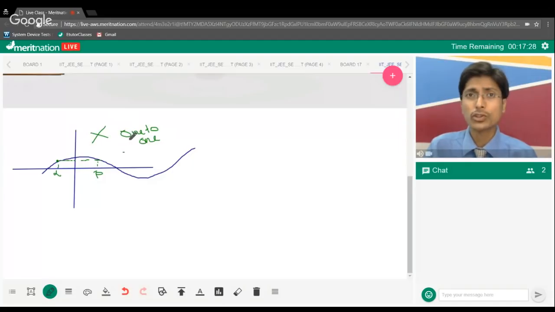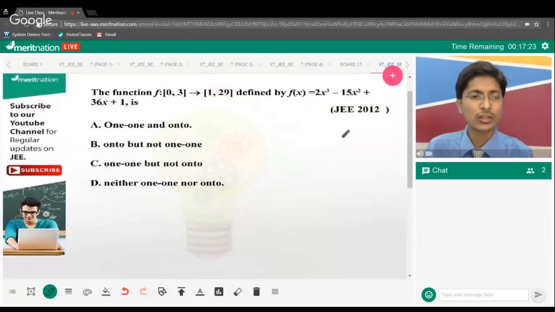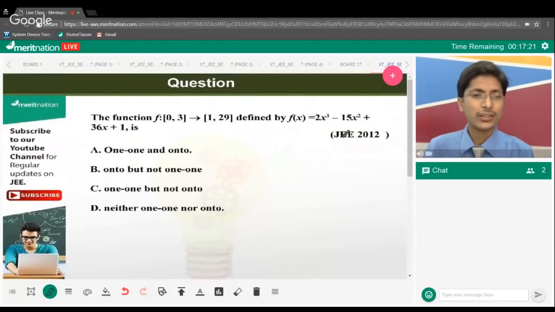Now the approach which has to be used while finding the 1 to 1 function is that you have to see whether the function is strictly increasing or strictly decreasing. So for that, if you remember, we used to find the value of f dash x. If the value of f dash x is always positive, that means the function is always increasing.